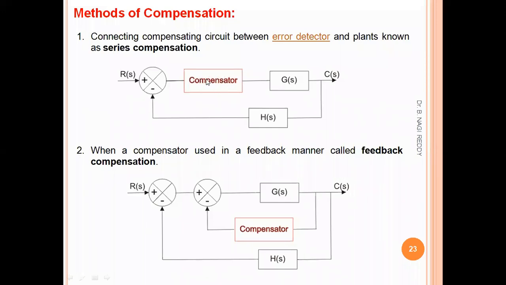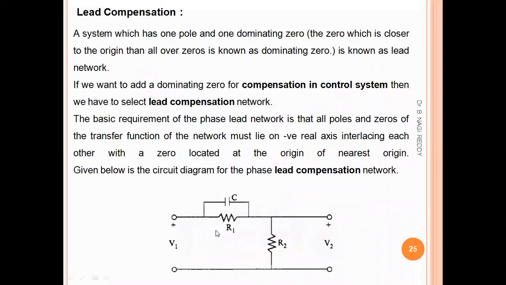So from this electrical network, the lead compensator network, we get the transfer function so that we will get the gain. We can substitute that gain there and simplify to get the stability analysis of the entire system after inserting the compensation.